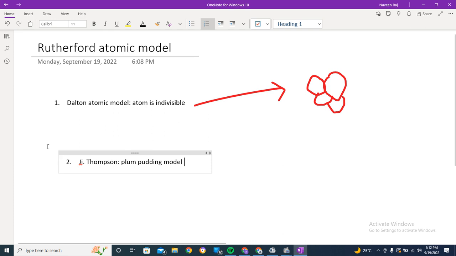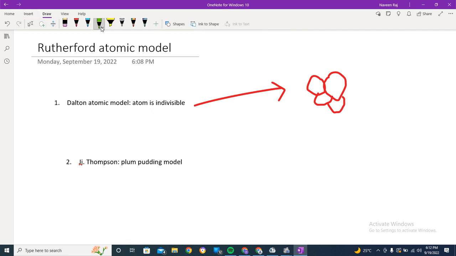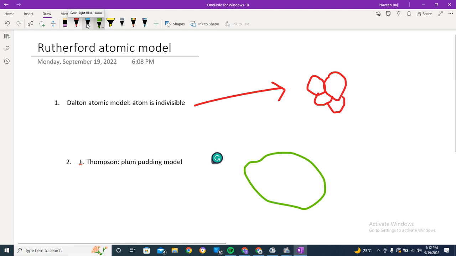He said that there is a dish, like a plum pudding, which you can take as custard or something like that. We have these electrons, you can say these are the peanuts all around over here.